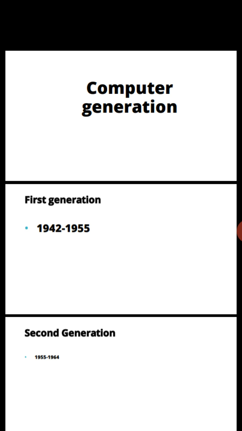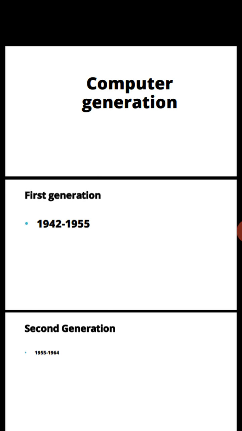There are five generations in the computer system. First generation, the year established is 1942 to 1955. Listen. In the first generation, the computers were manufactured using vacuum tubes.